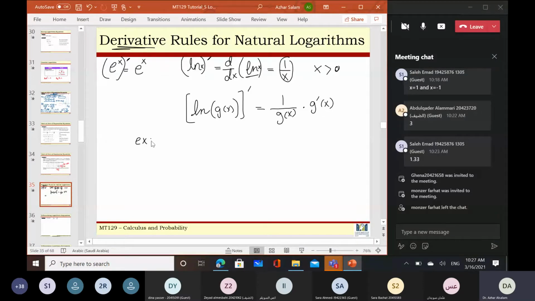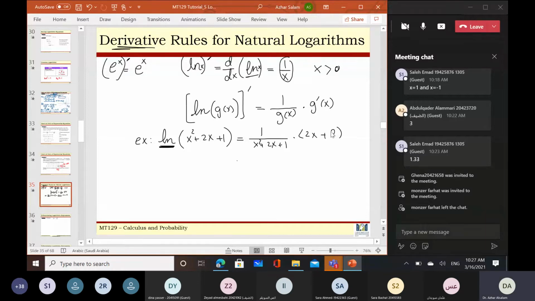For example, if I have ln of x squared plus 2x plus 1, I first differentiate the logarithm, which is 1 over what is inside the logarithm, x squared plus 2x plus 1. Then multiply by the derivative of this function, which is 2x plus 2.